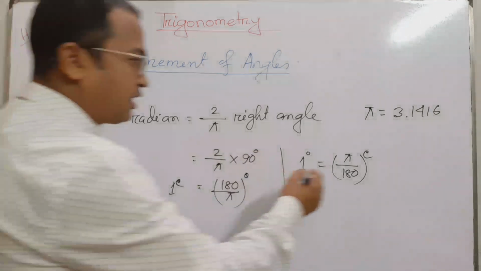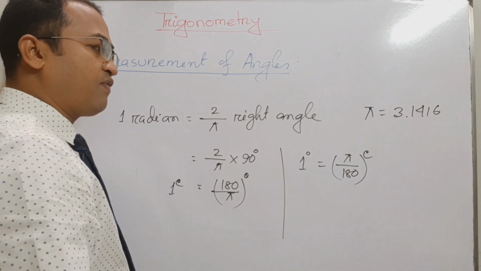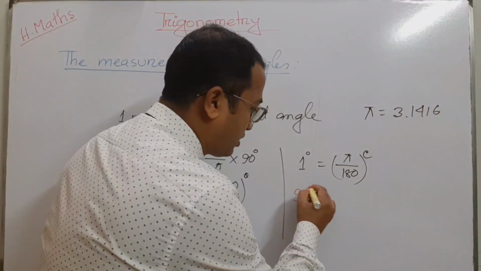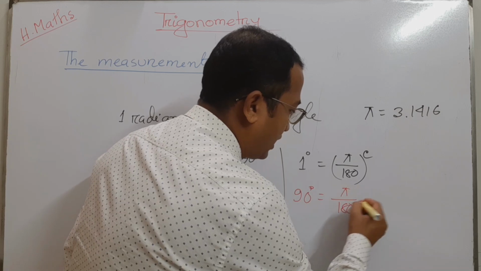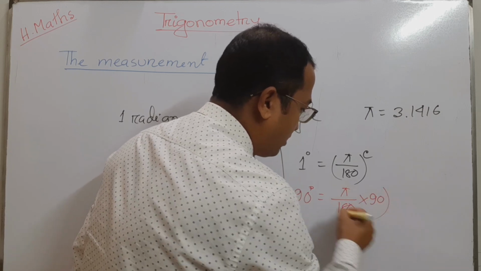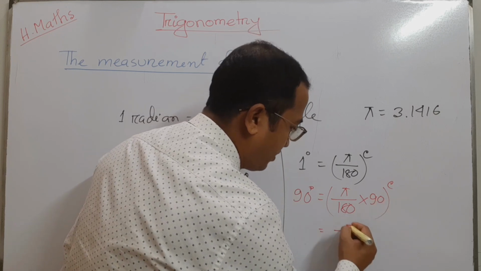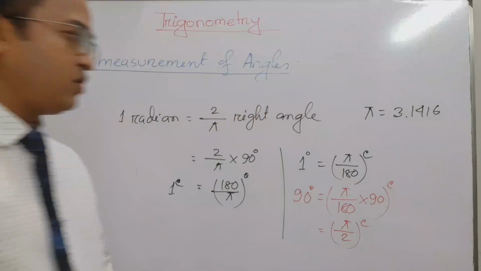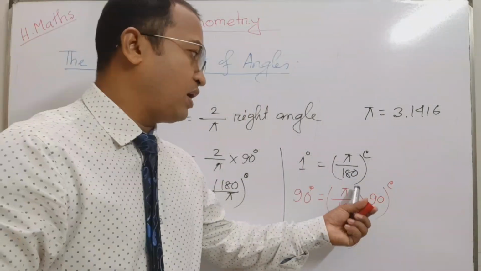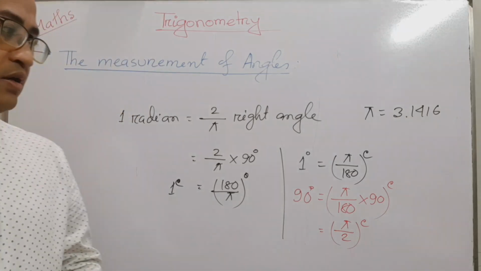So if 1 degree is equal to pi by 180 radian, you can find out other degrees. 90 degrees will be pi by 180 into 90 radian, that is pi by 2 radian. So 1 degree is pi by 180 radian, 90 degrees is pi by 2 radian.